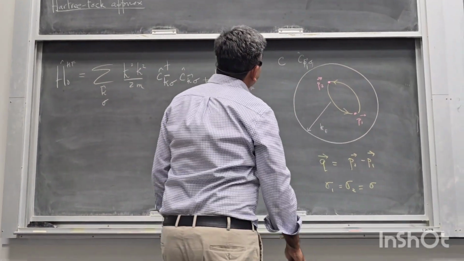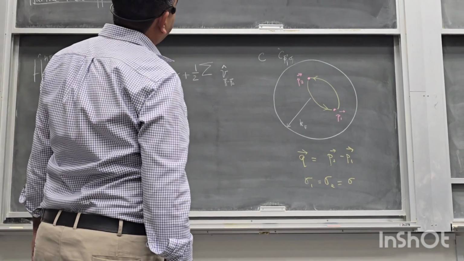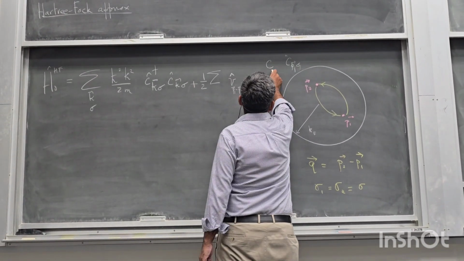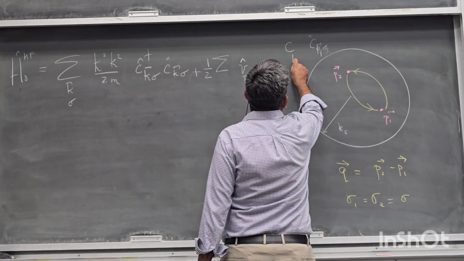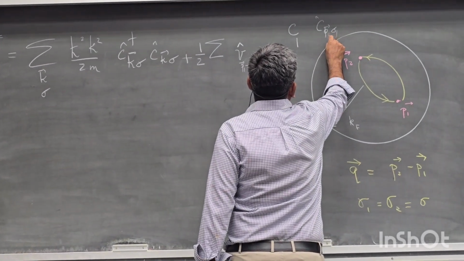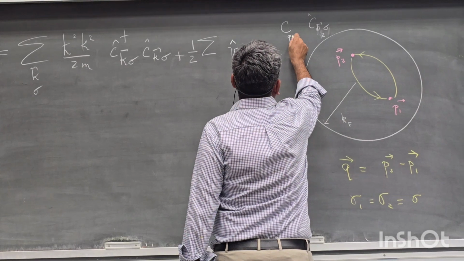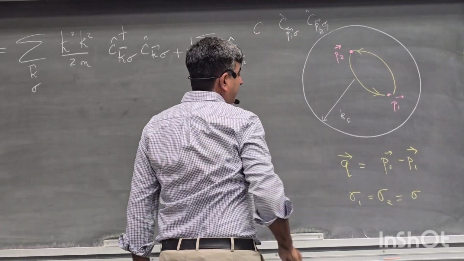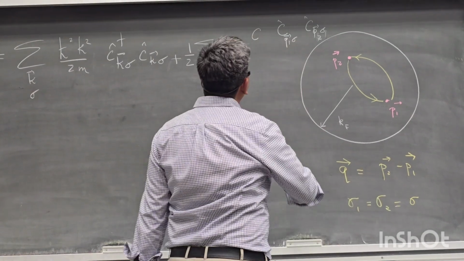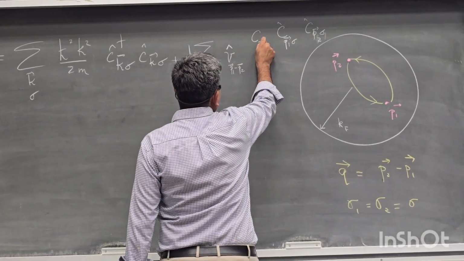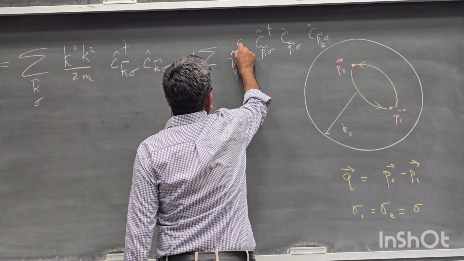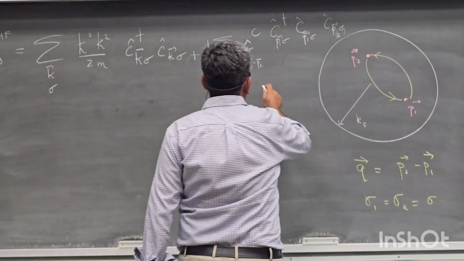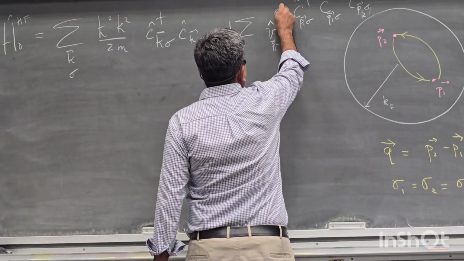The second term is, P1 becomes P2, P2 becomes P1, sigma, P2 minus Q becomes P1, sigma, with a dagger, C_P1 plus Q becomes P2, sigma dagger, right?